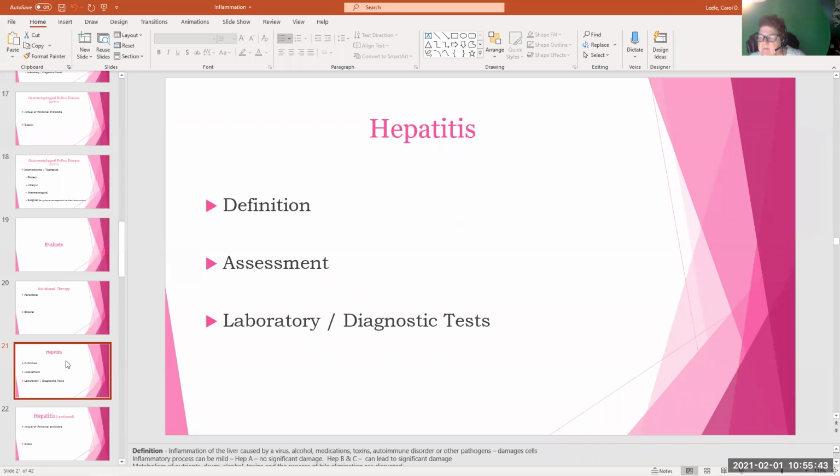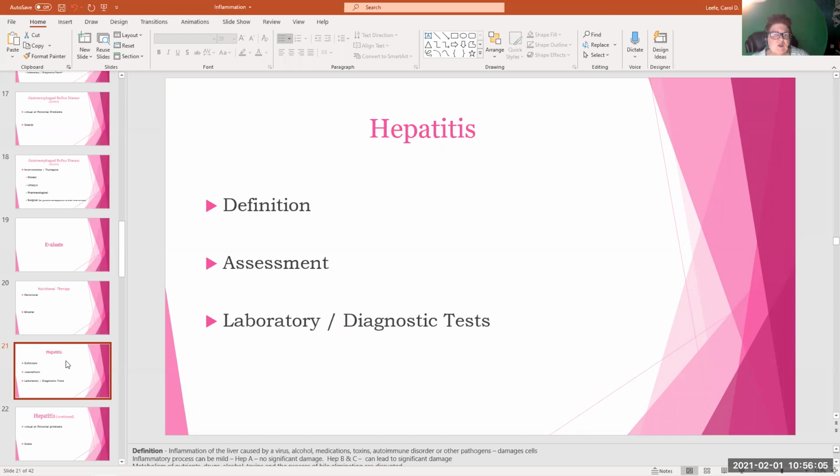So as we go to hepatitis, hepatitis is what? Generally, the inflammation of the liver. It could be caused by a virus that we're going to talk about, alcohol, medications, toxins, autoimmune disorders, or other pathogens that damage cells.